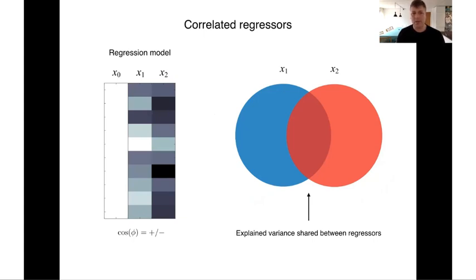So this could be a regression model where we would have the mean as x0, the constant, and we could then have x1 and x2 representing, say, positive and negative symptoms in a group of patients with schizophrenia. And estimating this model will result in beta parameters due to x1 and x2 that are not unique, so they share variance because x1 and x2 are correlated.